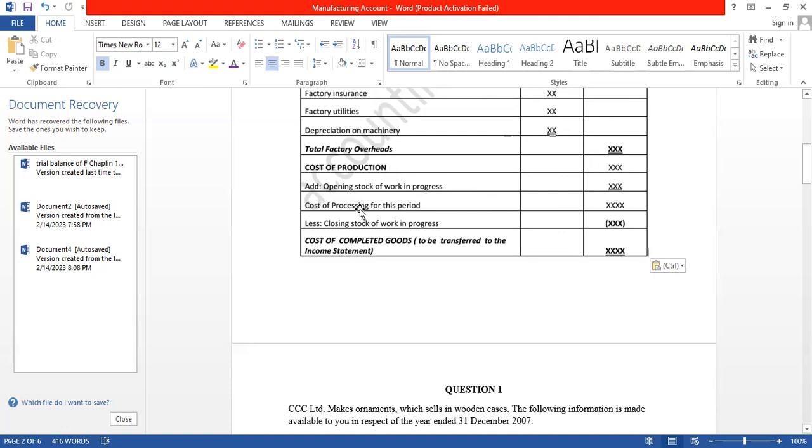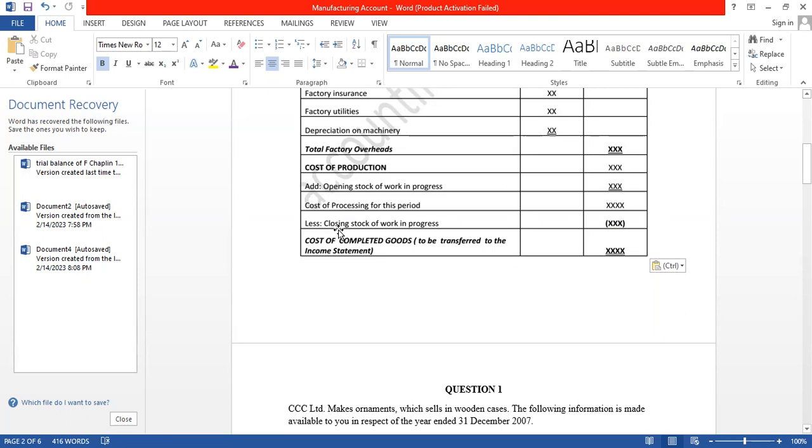Next, we're going to add the opening stock of work in progress plus the cost of production, and the total amount we get, we'll put it below this line here in the same second column, and it will now be called cost of processing for this period.